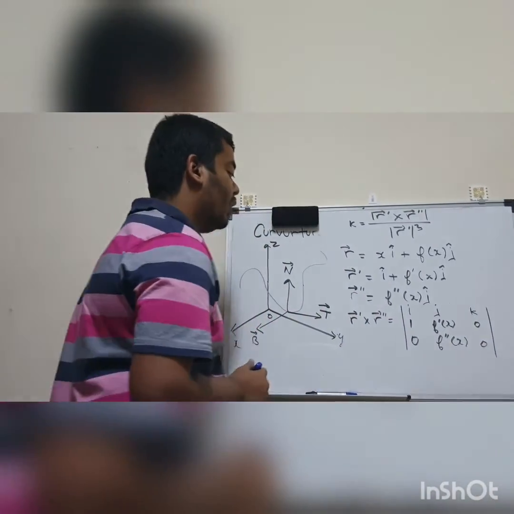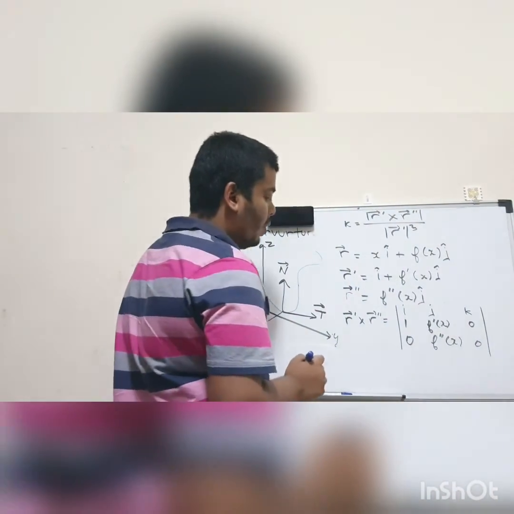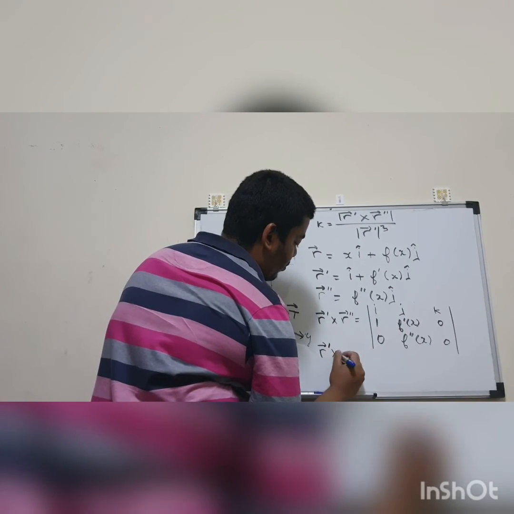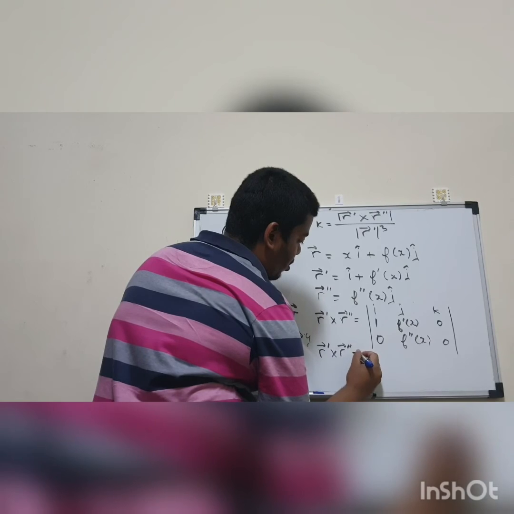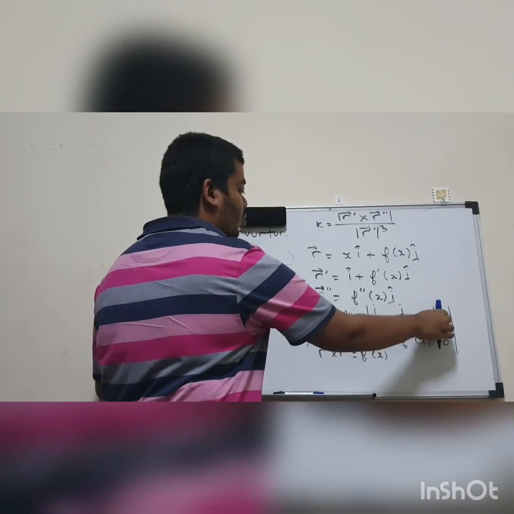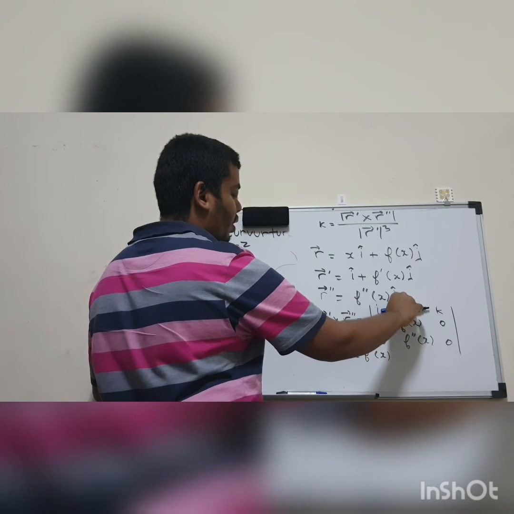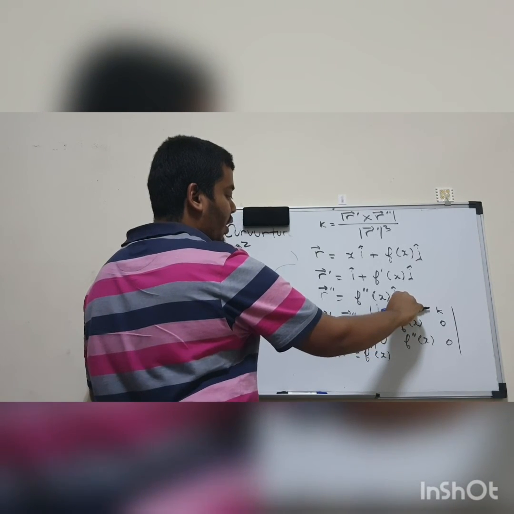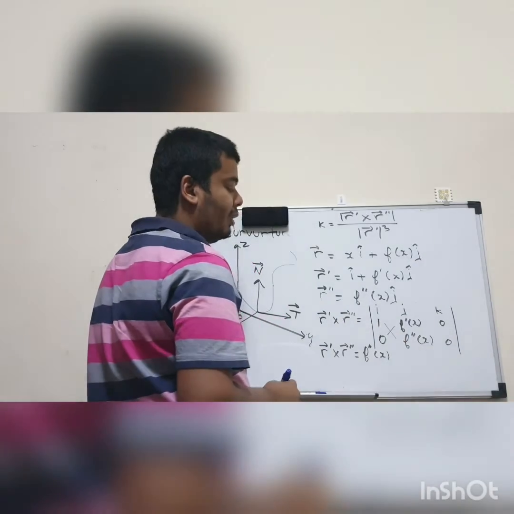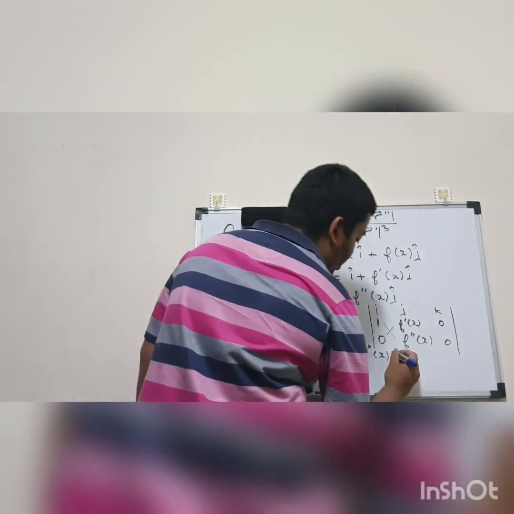So what you will end up with is this thing. Because see, if you cover the k component here, and then you just cross multiply and subtract the diagonals, that will be the k component.